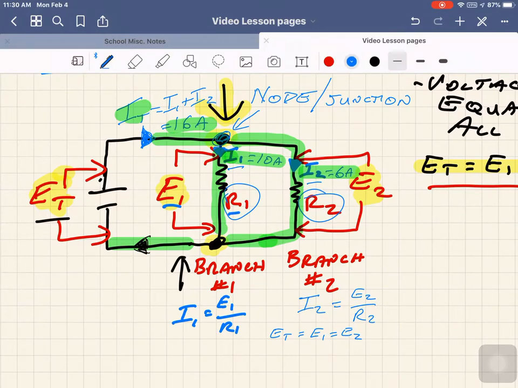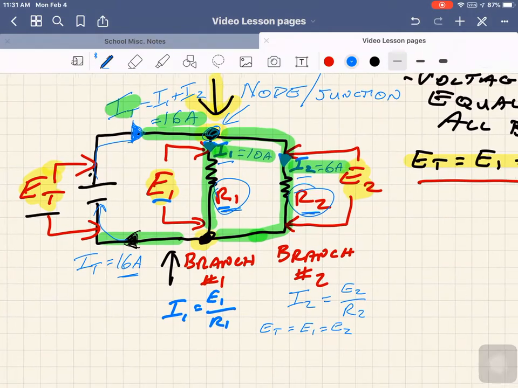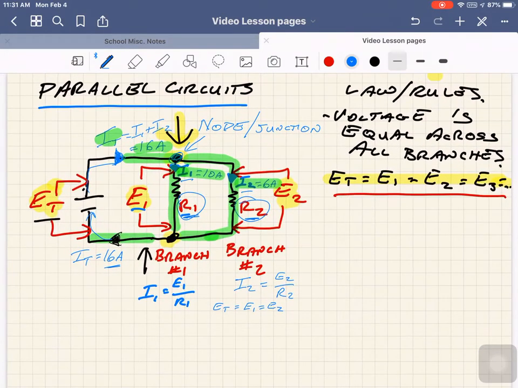Returning to that source would have to also be, we call that IT as well, right? Because it's this value here, it has to return into there to be the same, right? Has to equal the sum of the current flows in the two branches, or any number of branches that we have, okay?